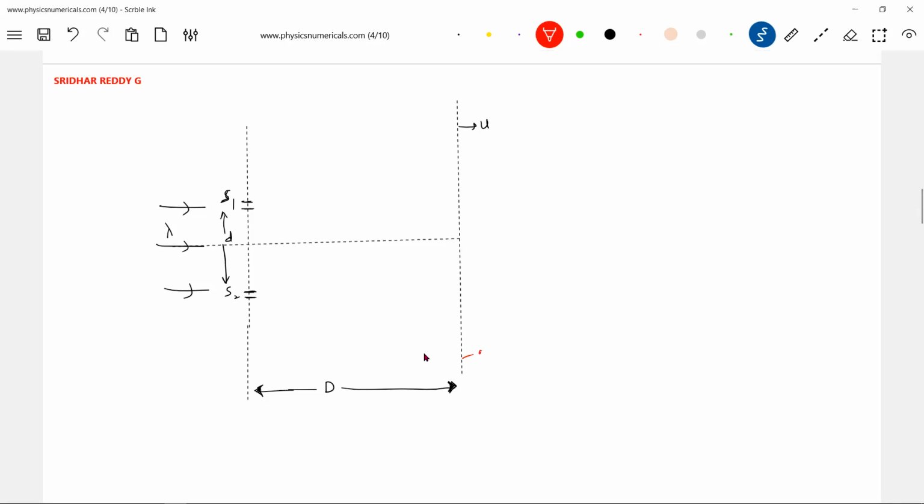Okay, if the screen starts moving, what will happen to the different orders? So these are the central maxima. I'm just indicating some colors.